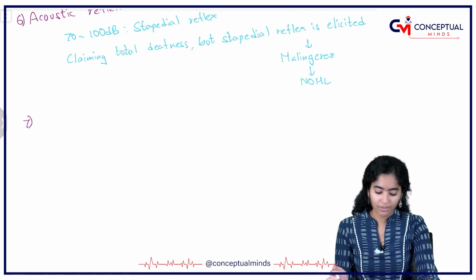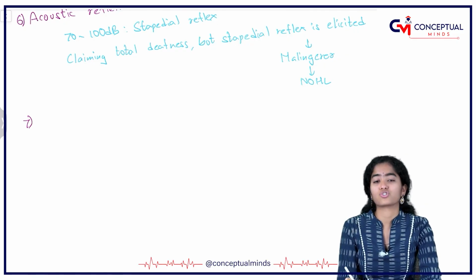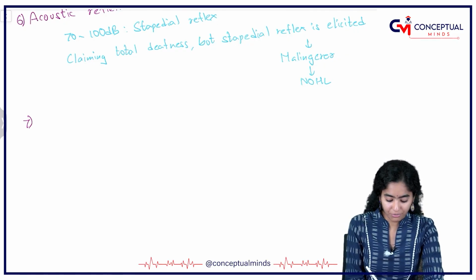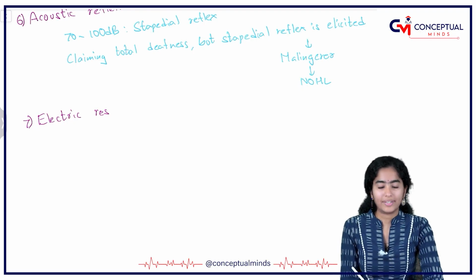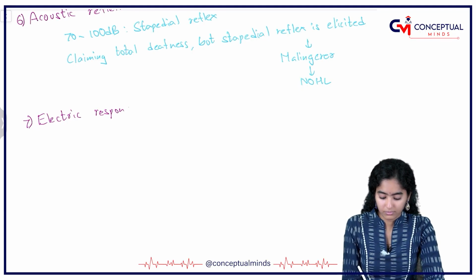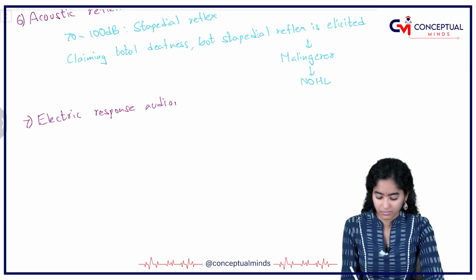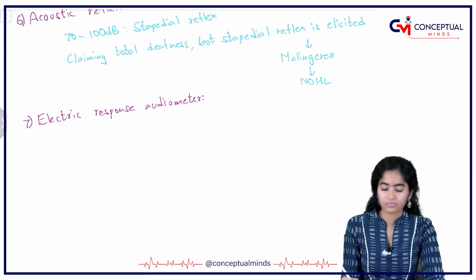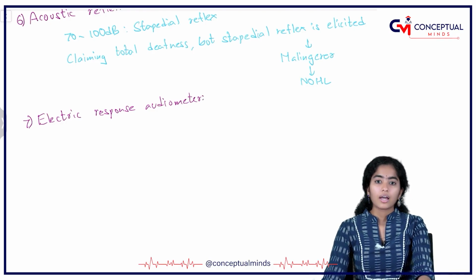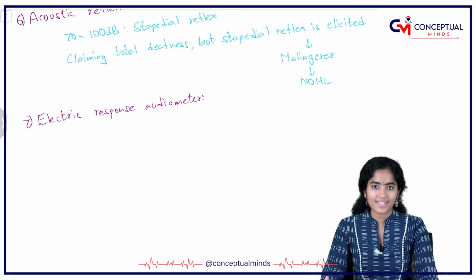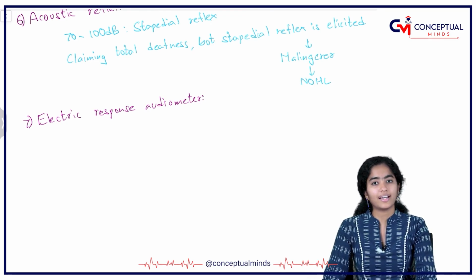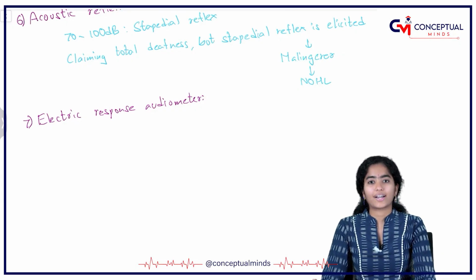And finally, we have an objective test here also, which is helpful to identify malingerers, and that is electric response audiometer. Now this electric response audiometer, it's an objective test and it can establish hearing acuity of the person within a range of 10 decibels of the actual threshold.